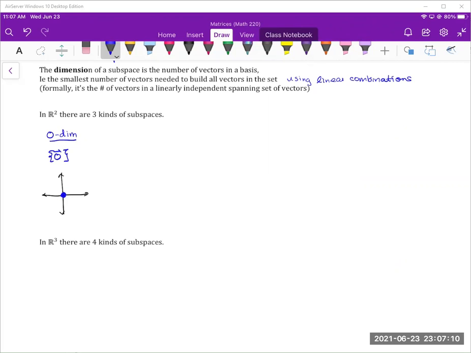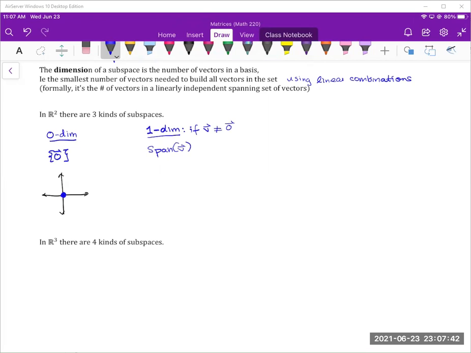Next up, we have the 1-dimensional subspaces. Okay, so these are formed by a single vector; their basis is going to be a single non-zero vector. So these guys are going to be the span of a vector v, where the vector v is not equal to 0.